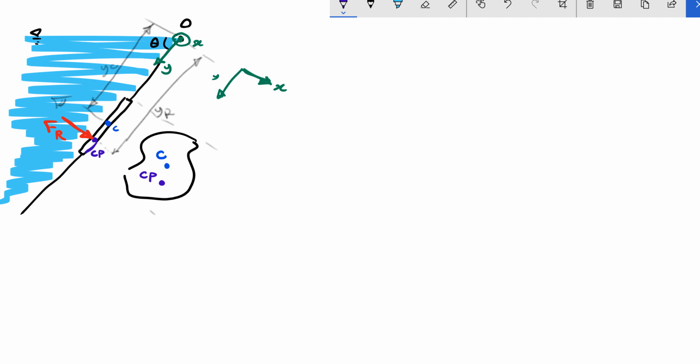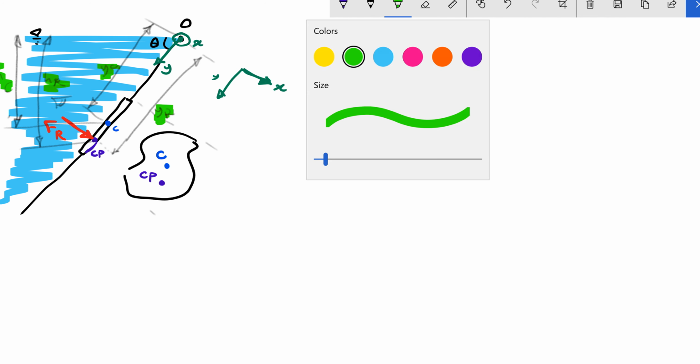And also we have vertical distances. So I'm drawing like this. This is going to be HC. And the other one is going to be HR. So you need to know how to convert YC and YR to HC and HR. They are related to this theta.